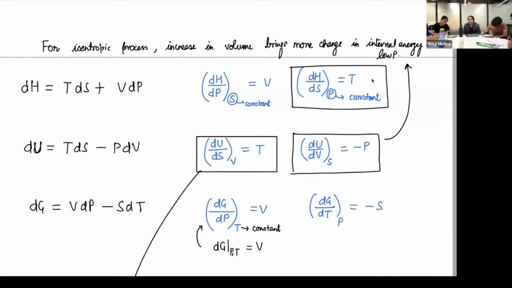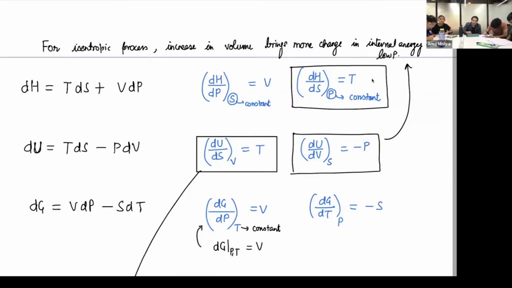It is almost same, but better we call it isentropic. I'll talk about those cases later. But first we write the statement for isentropic process: increase in volume brings more change in internal energy at low pressure. Is it true or false?